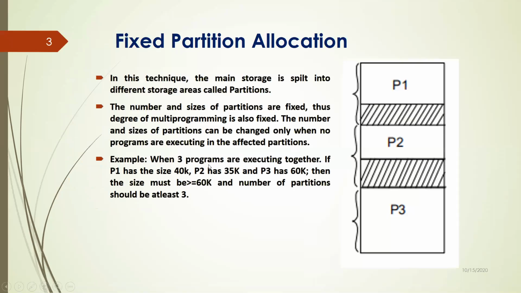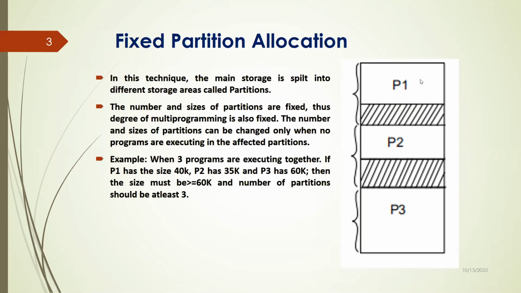Next we'll go into detail about fixed partition allocation. As I was saying about fixed partition allocation, in this technique the main storage is split up into different storage units.